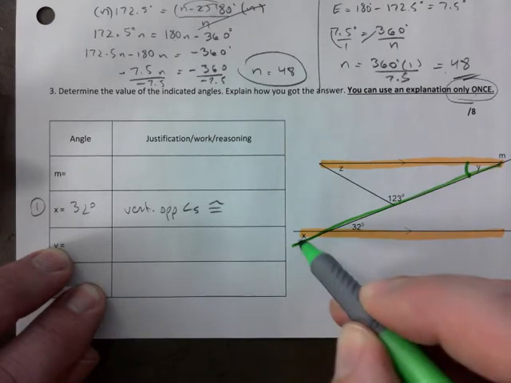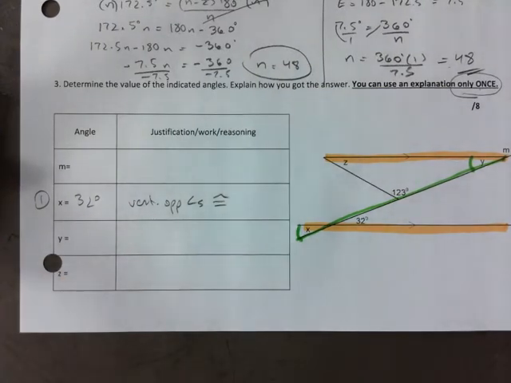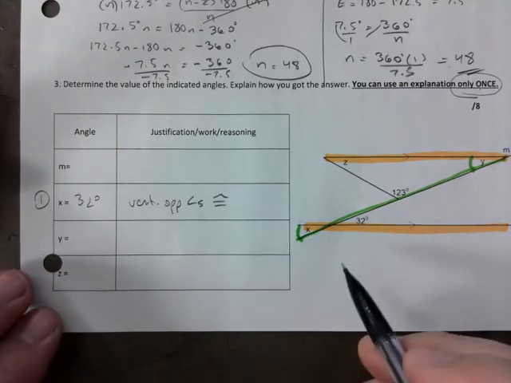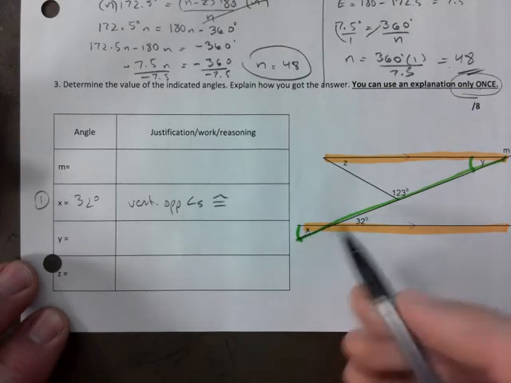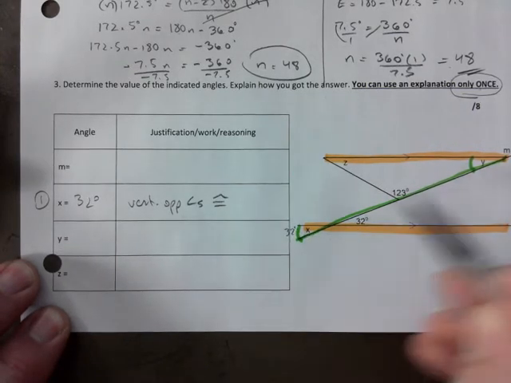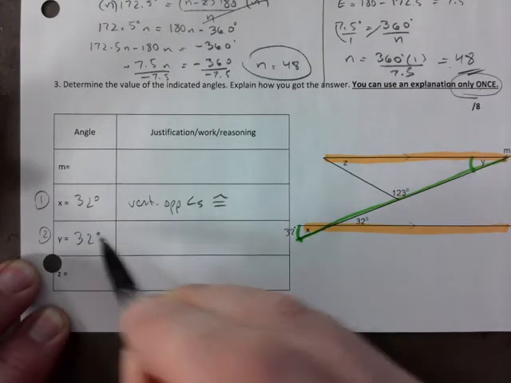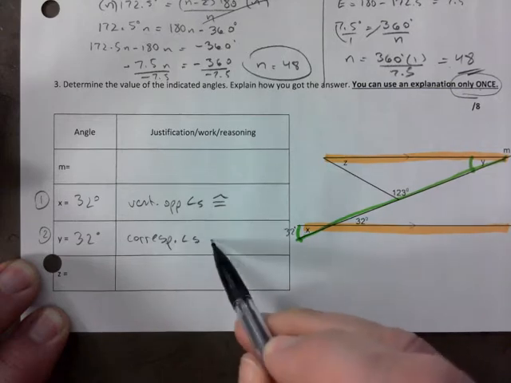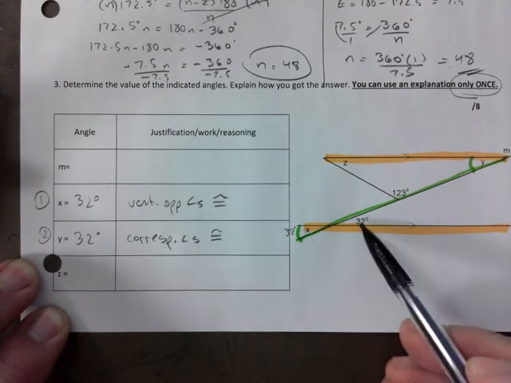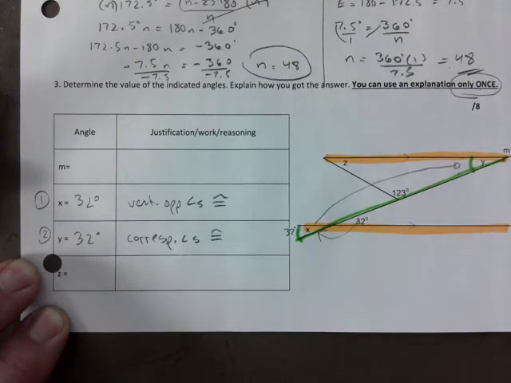So what are these two angles here? It's hard to see, but they're actually corresponding. They're both on the same side. But I already did that. Sorry, x is 32. So y, which is the second angle I am finding, is 32 degrees also, and I use corresponding angles are congruent, right? So I went from here to here, and I went from there to there.